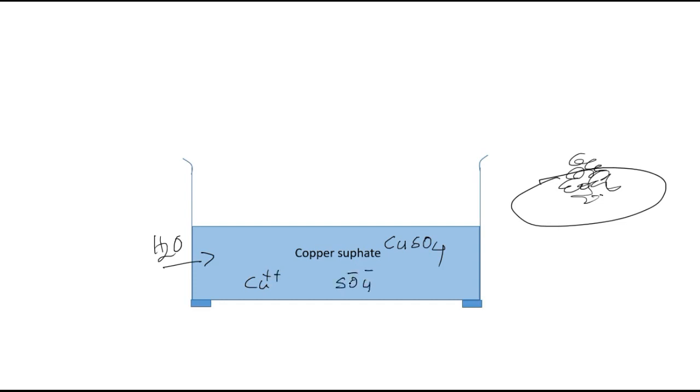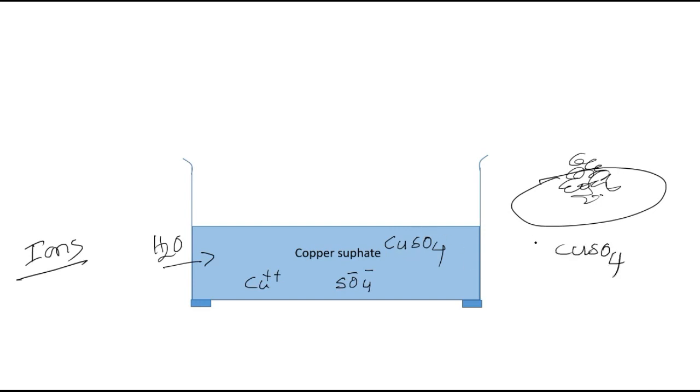So you will find more of copper plus and sulphate minus ions generated there. Remember this, right? Initially it was together, copper sulphate.